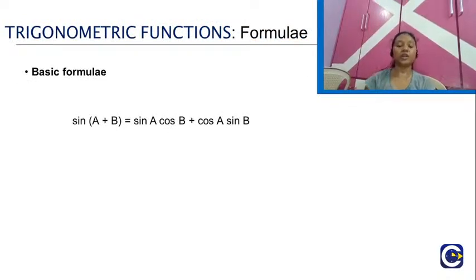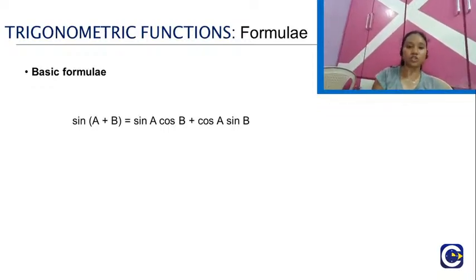These typical formulas you are going to use mostly in your 11th and 12th standard. The first formula here is sine of a plus b. The RHS for this will be sine a cos b plus cos a sine b, right?